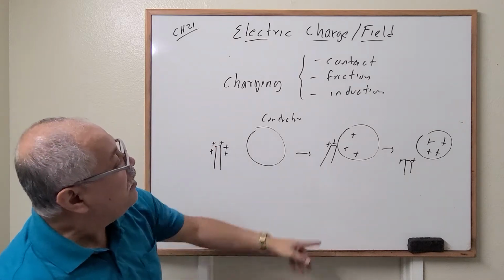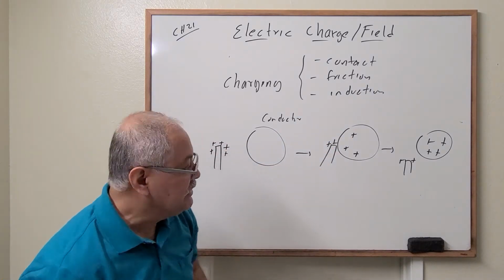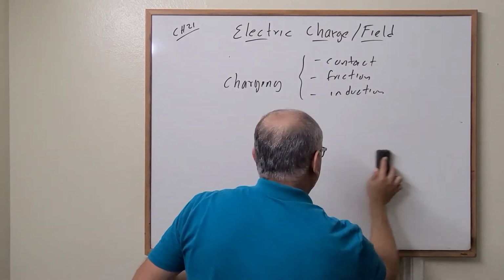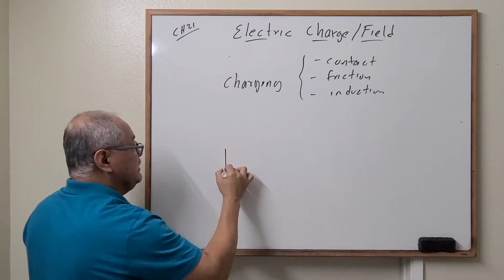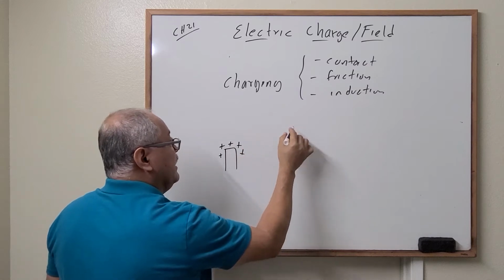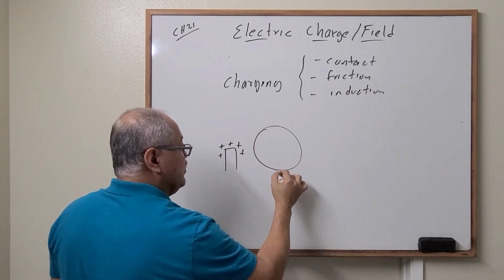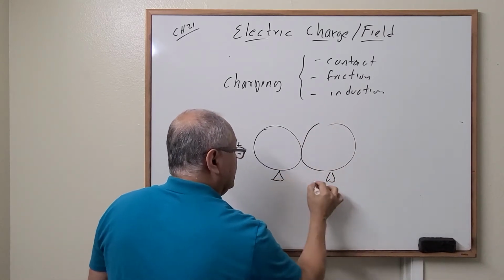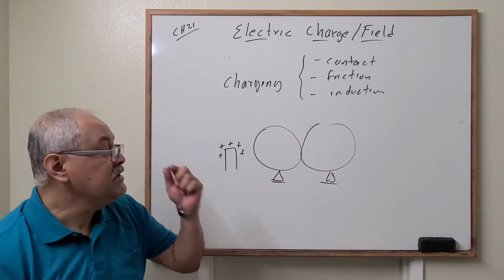Great. What about by induction? Induction means no contact. To charge an object by induction, we have the same idea as before. We have this charged object, and we have two conductors in contact, isolated from the rest.